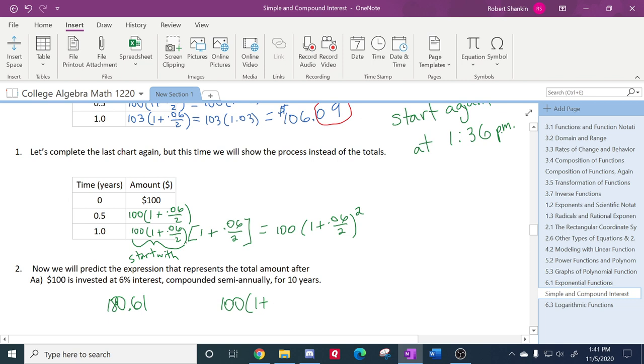Okay, now if we were predicting the expression, you said 0.03, and that came from taking the 0.06 and dividing it by 2, and you raised it to the what power? 20th. How come you didn't raise it to the 10th power? Because it's 10 years. Well, I don't know. I just thought since it was compounded twice a year. Sorry, I don't know.